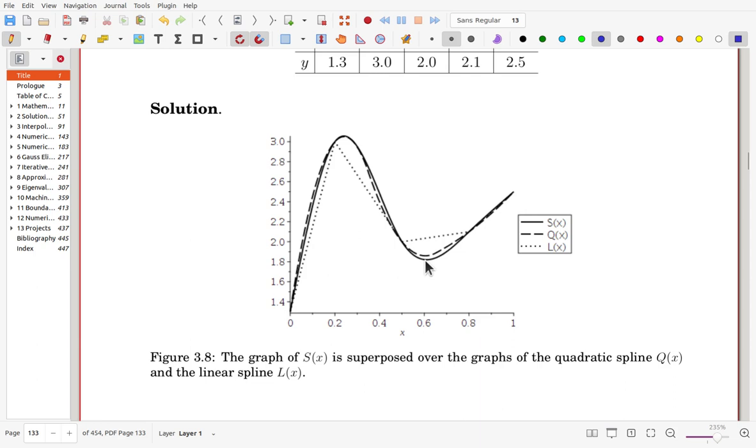But for this position, now a local minimum is made, but the cubic spline has a lower extremum than the quadratic spline, so we can say that the quadratic spline is introducing less oscillation for this example. So quadratic spline is better than the cubic spline.